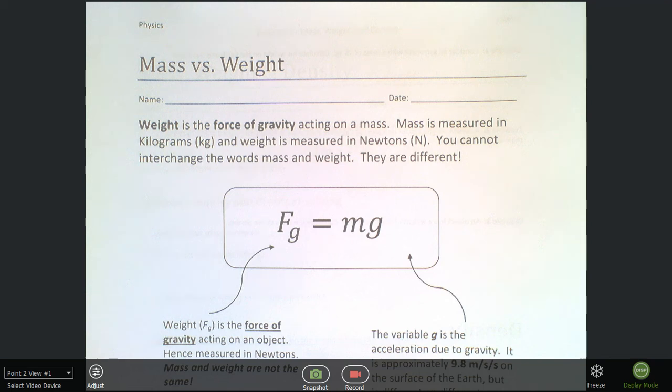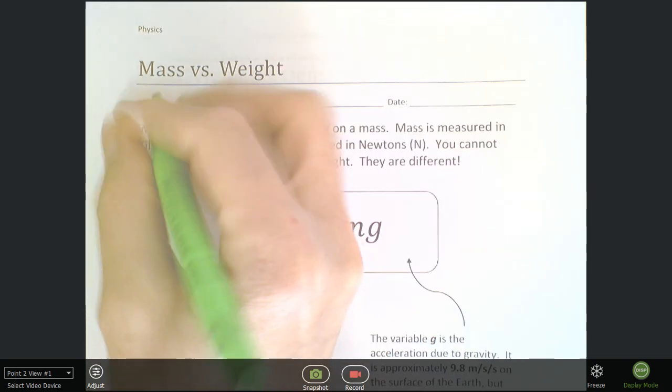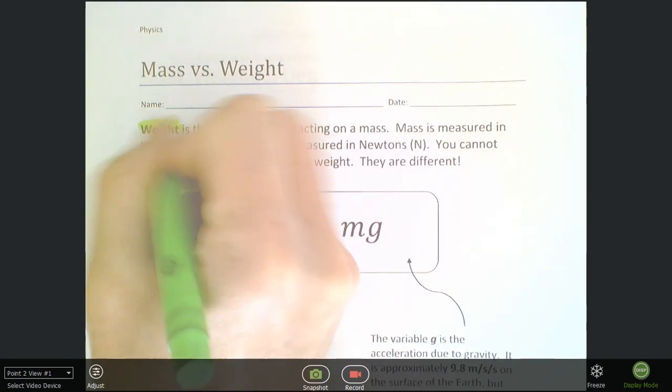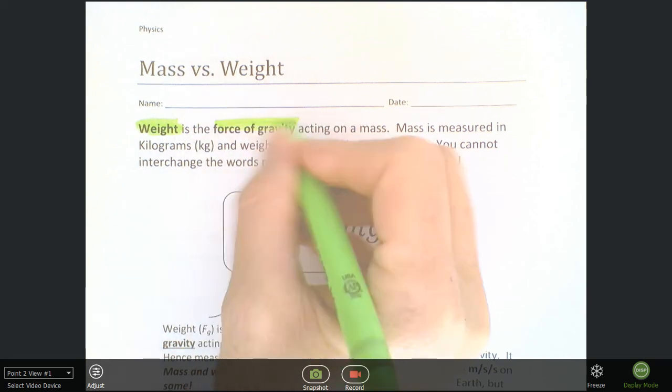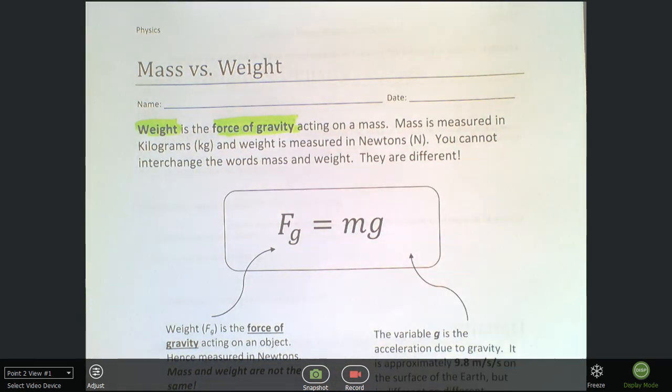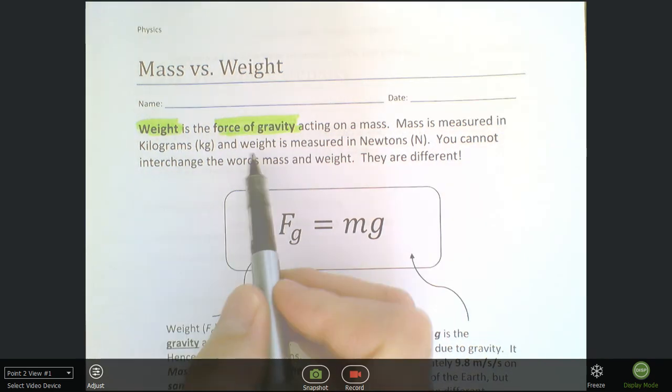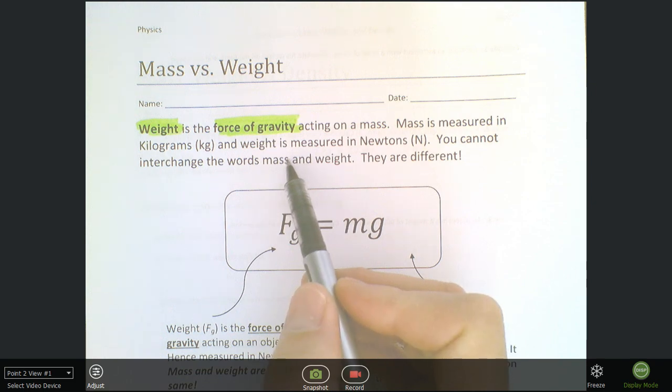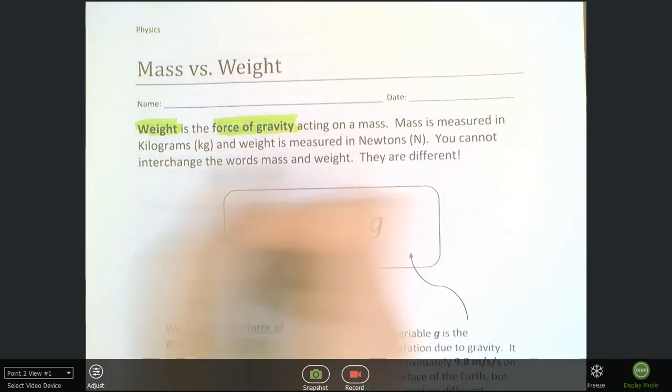Now, the term weight, which I've bolded here, if you've got a highlighter, you might as well highlight it as well. So weight is the force of gravity acting on a mass. Mass is measured in kilograms, whereas weight is a force, so therefore it's measured in newtons.